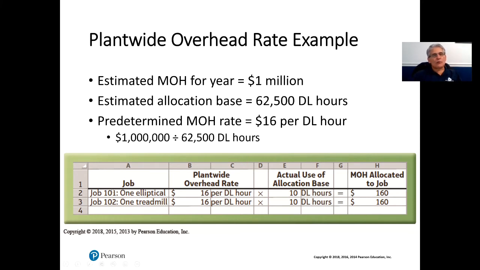Now we'll go to job 102, which was 1 treadmill, and that also took 10 direct labor hours. We're using that as the allocation base, so we take that 10 and multiply it by $16 per direct labor hour, and we come up with $160. If we're using a plant-wide overhead rate, this is what occurs: $160 goes to job 101, and $160 goes to job 102.